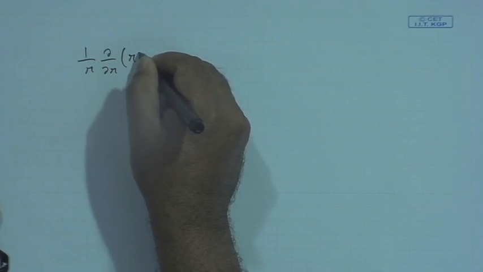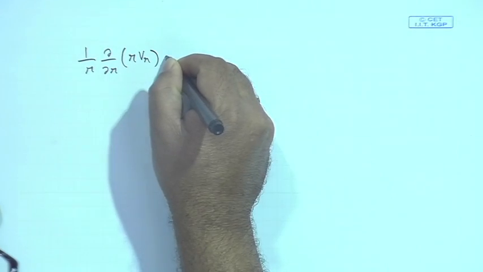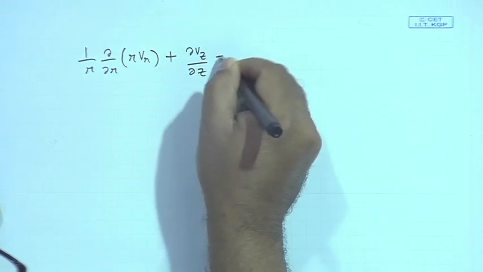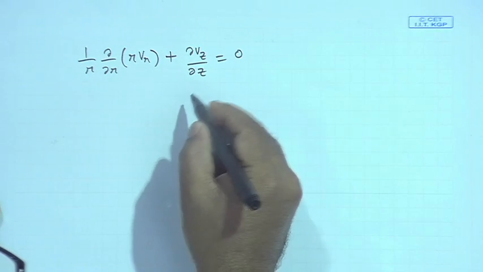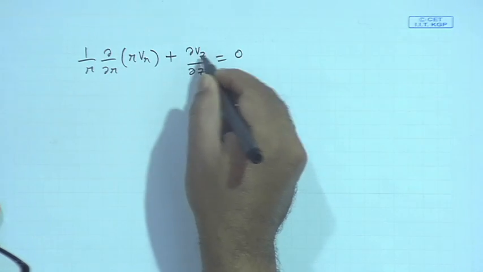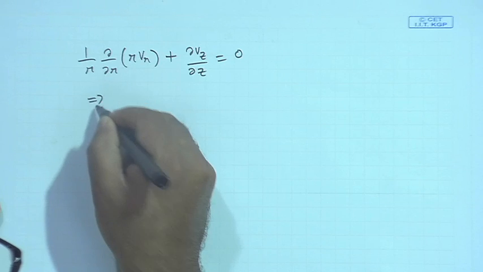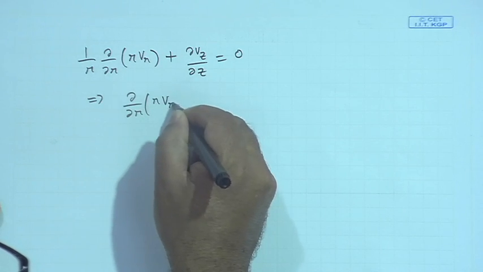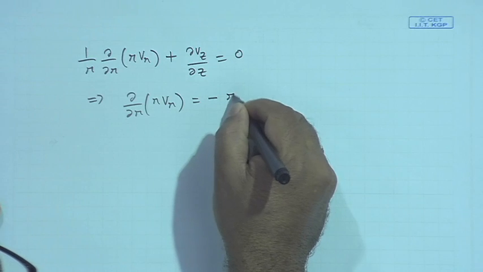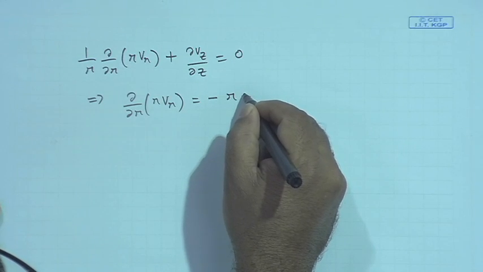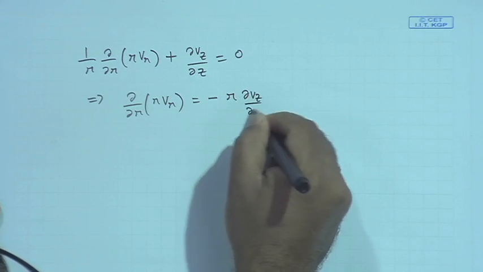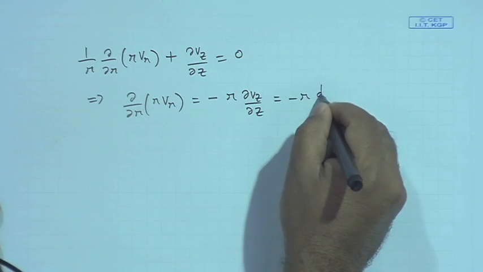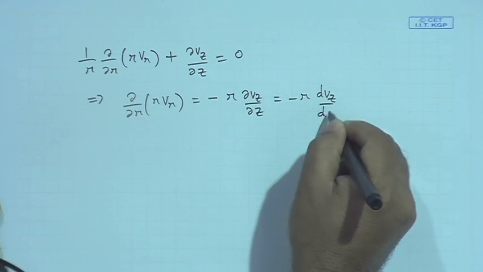We have already seen this plus equals 0, and this V z is a function of z, that we have already seen. So this implies minus r, and this I can write as, because it is a function of z alone.